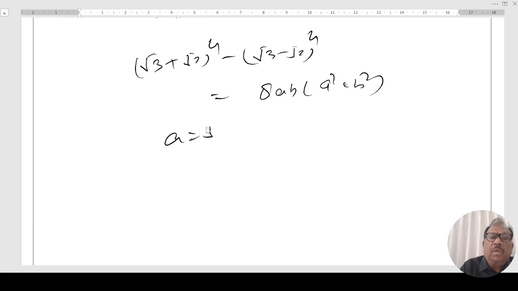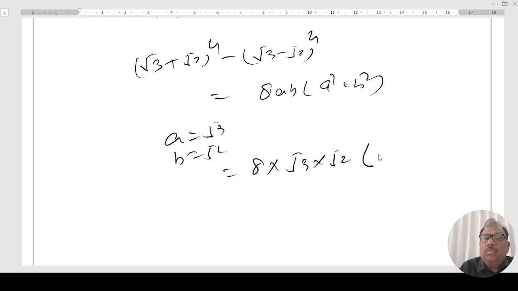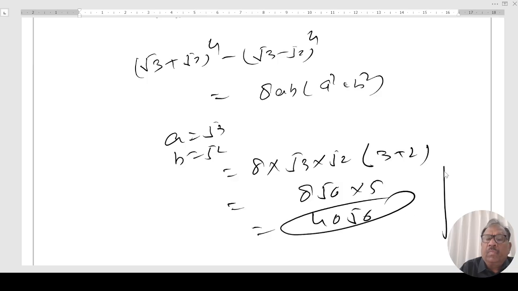A is root 3, b is root 2. Then 8 into root 3 into root 2, that comes to root 6, times (3 + 2). 8 root 6 into 5, that is 40 root 6, that is the answer. Right? Next question.